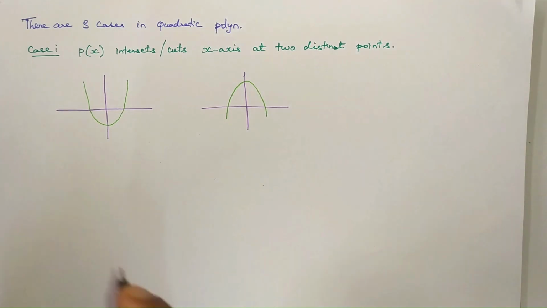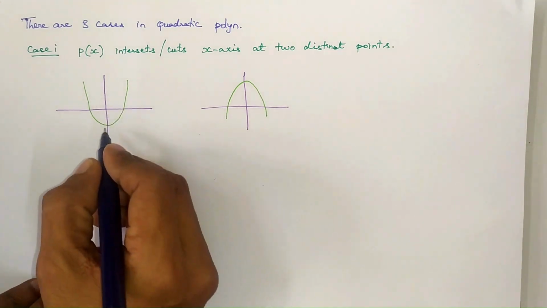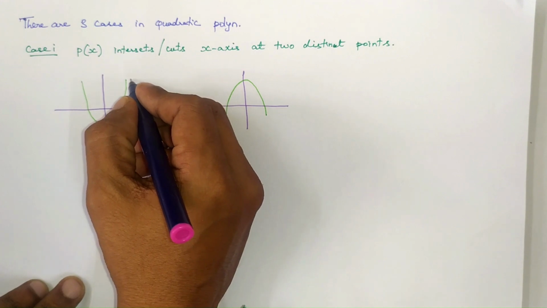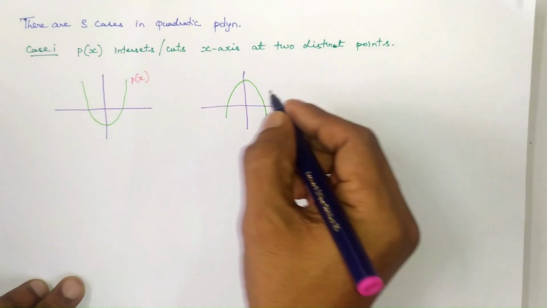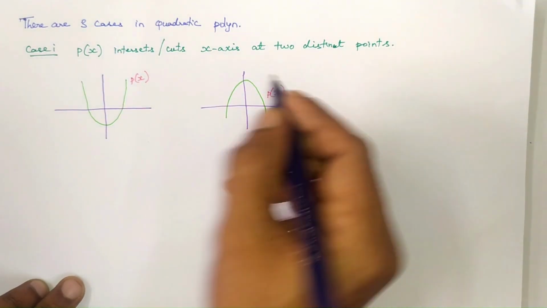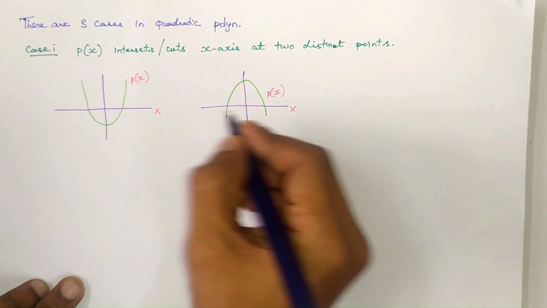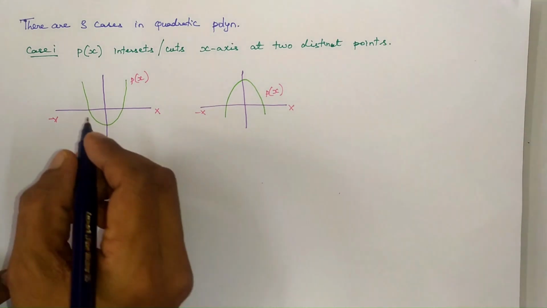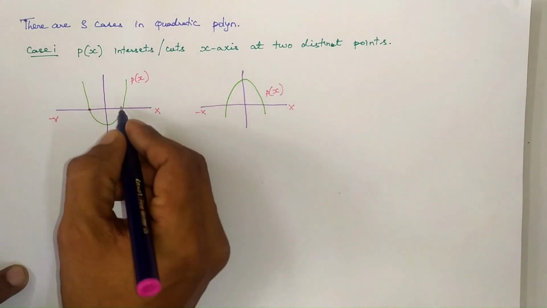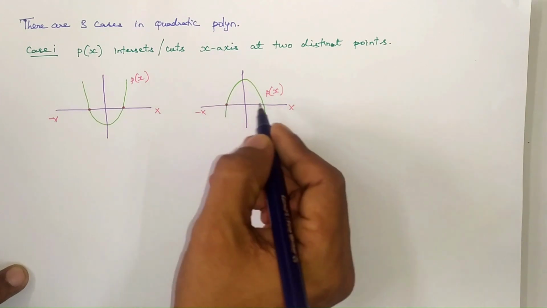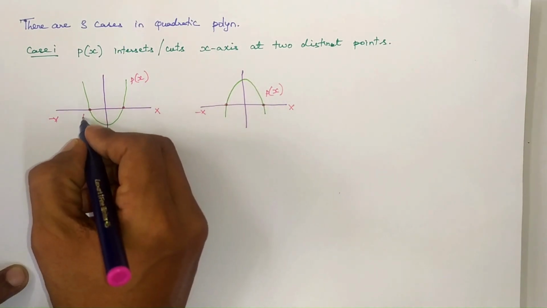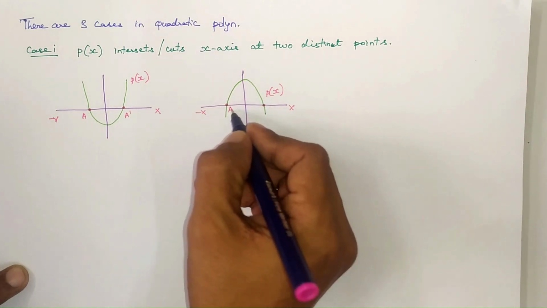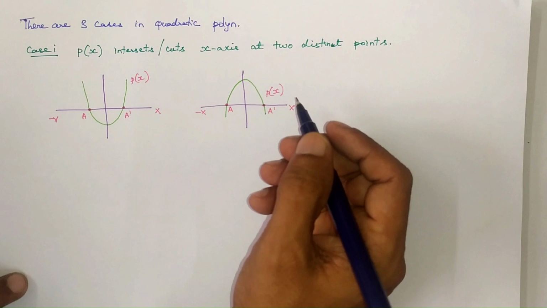So here we can note that the parabola, this is our curve p of x. It is intersecting the x-axis at 2 different points. So point A, point A dash. Similarly here also point A, point A dash. So this is the first case.